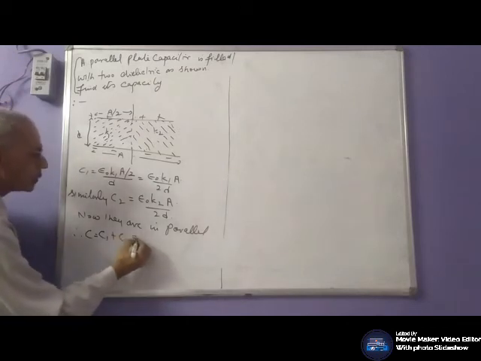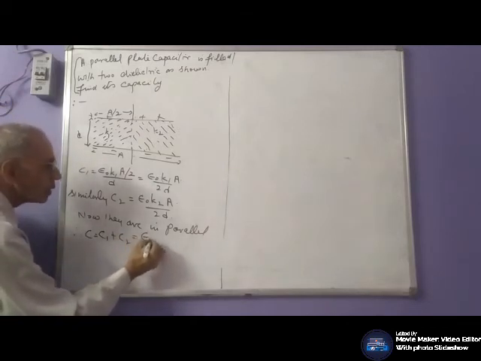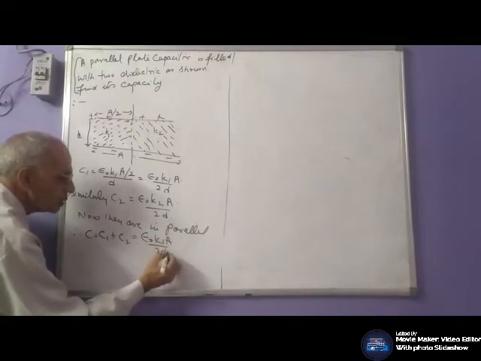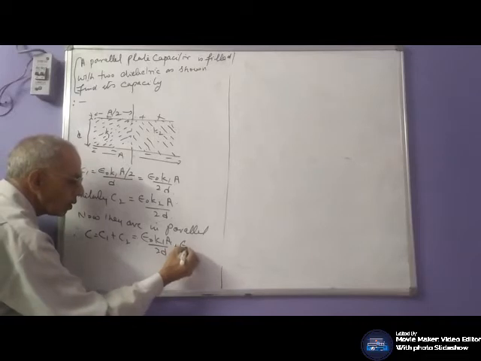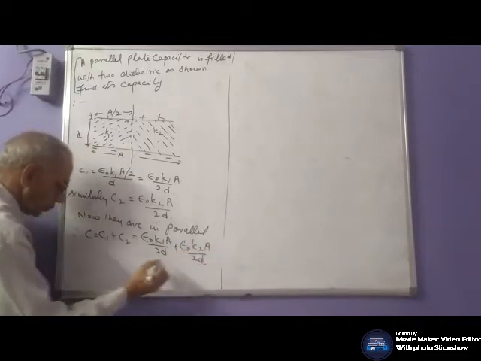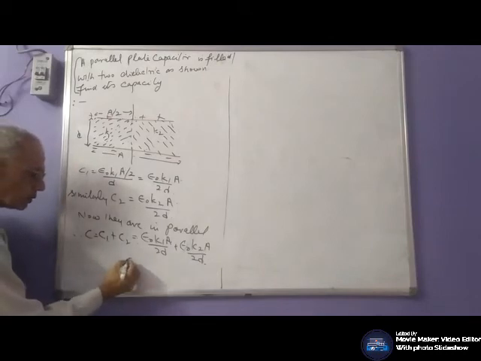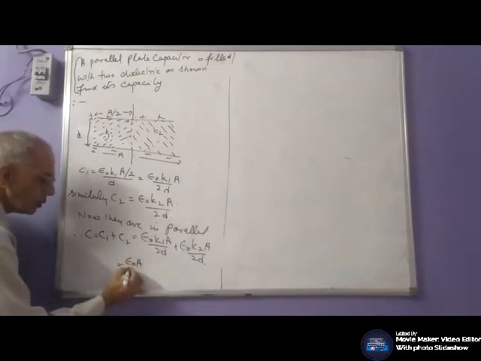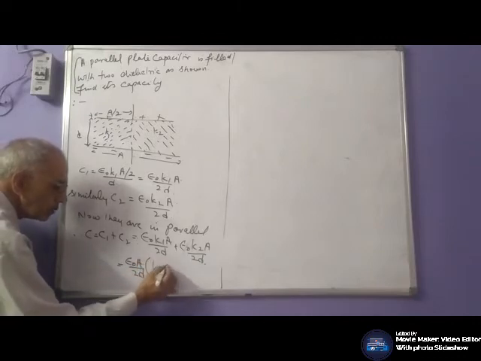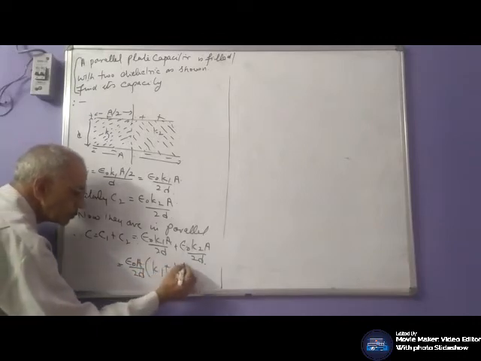C1 epsilon naught K1 A by 2D, epsilon naught K2 A by 2D. Epsilon naught common, A common, 2D common. It is K1 plus K2.